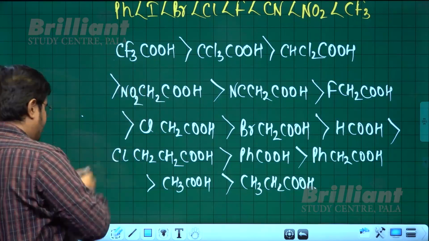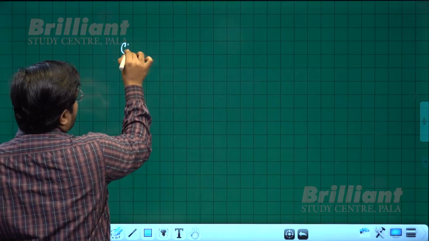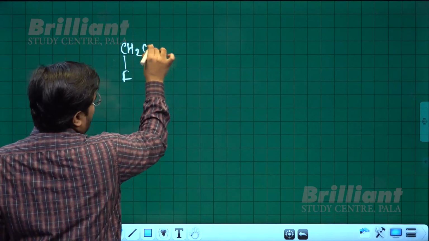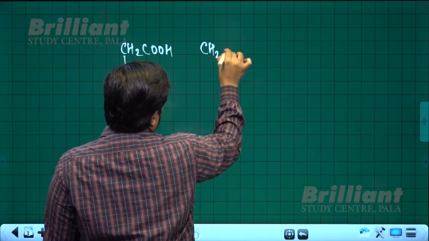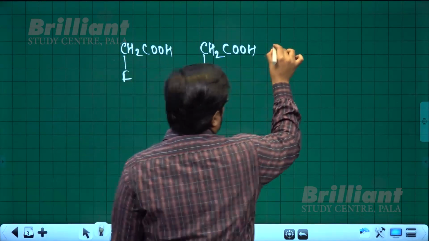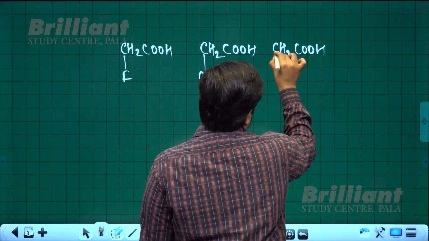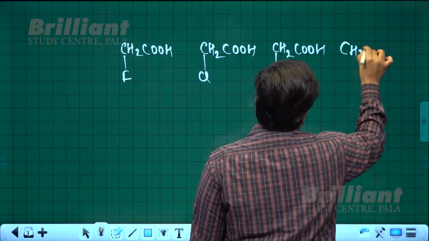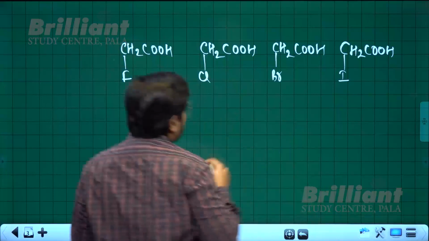For example, if I take out of them CH2FCOOH, then CH2ClCOOH when chlorine is substituted, CH2BrCOOH when bromine is substituted, and CH2ICOOH when iodine is substituted.